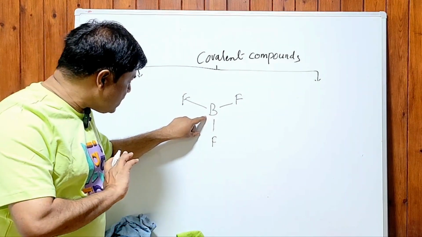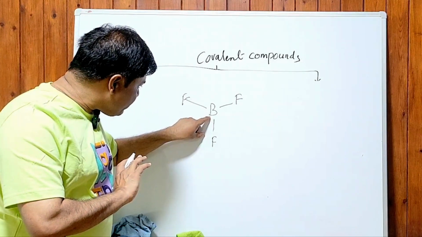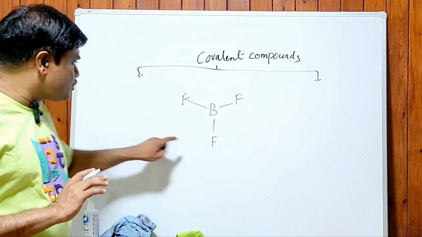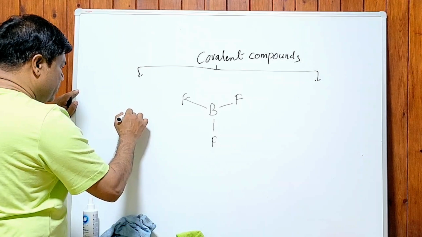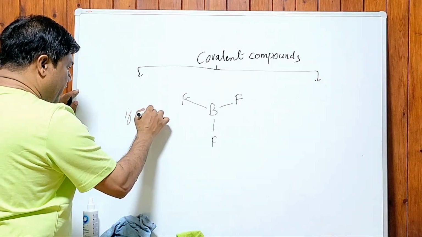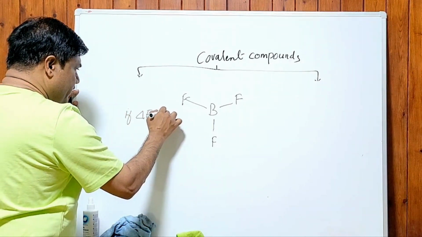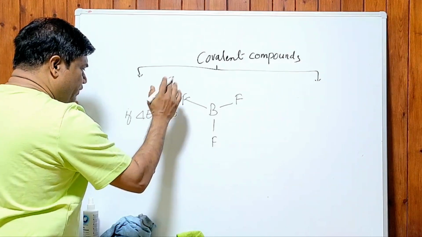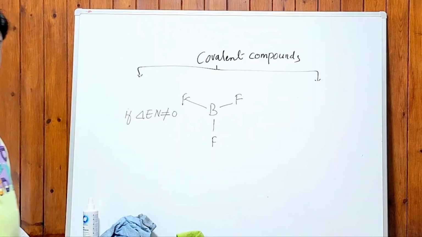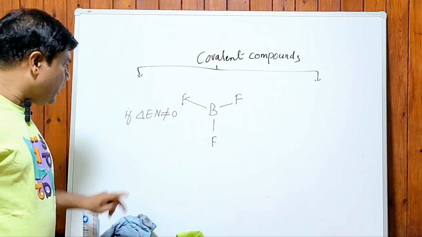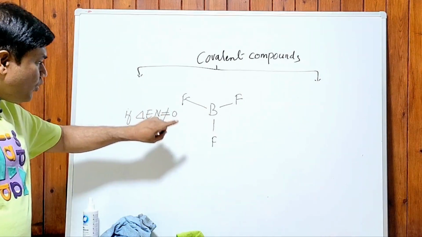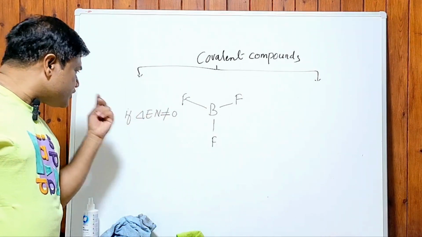Boron has a different electronegativity value and fluorine has a different one. So by the first condition, if delta EN, the difference in electronegativity, is not equal to 0, then the molecule is said to be polar. But that's not right. This is only applicable for molecules of the same atom.